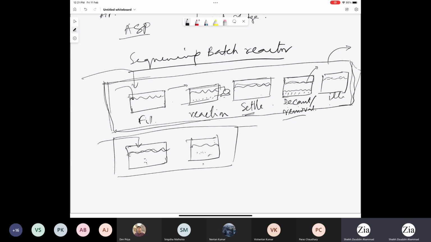So the advantage is, as I told you, that in a small scale system, wherever the quantity of reactant or wastewater is less, a sequencing batch reactor can be used. One major advantage is that you don't need a separate settler.